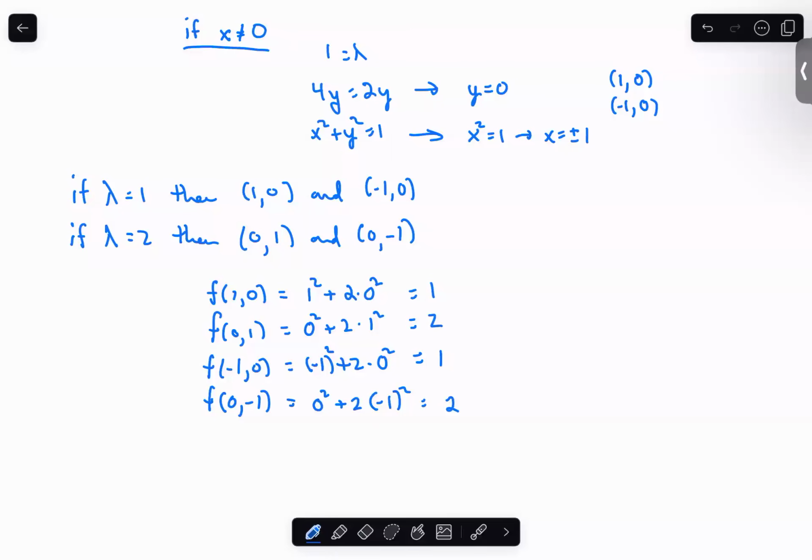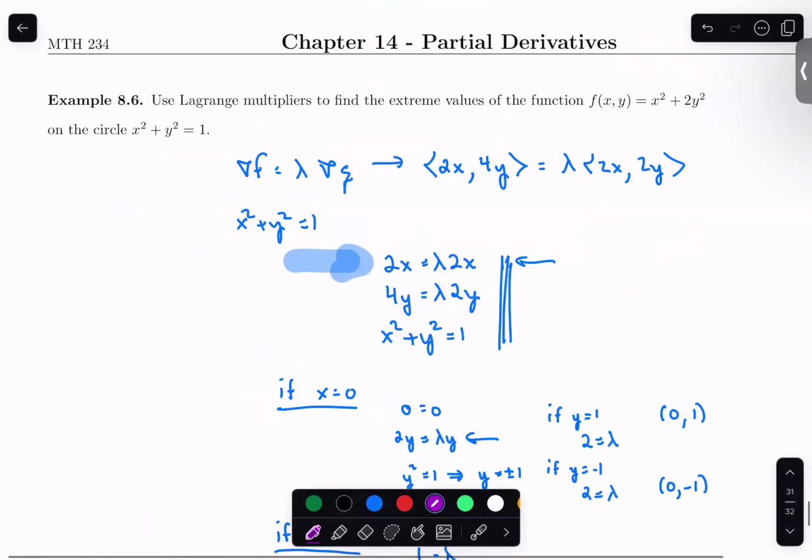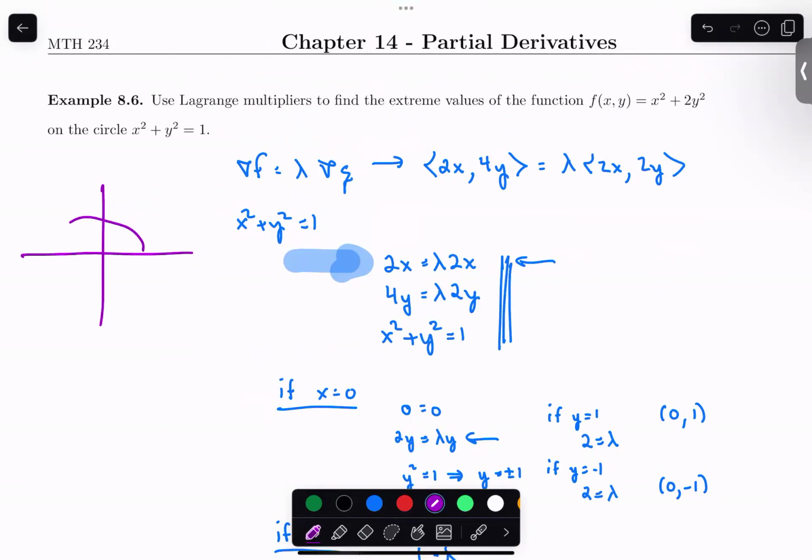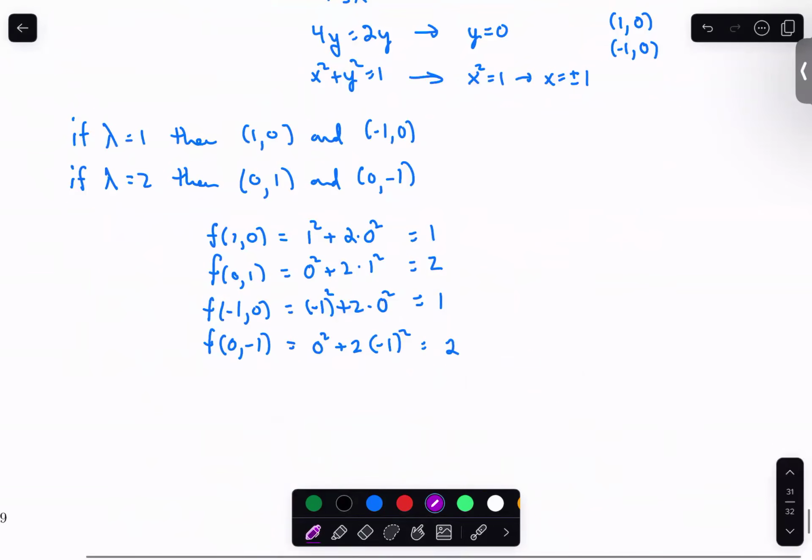So again, our constraint equation in this case is this circle of radius 1. This is a closed set. It contains all of its boundary points, and it's a bounded set. And so we are going to have our minimums and maximums achieved at least once, thanks to the extreme value theorem.